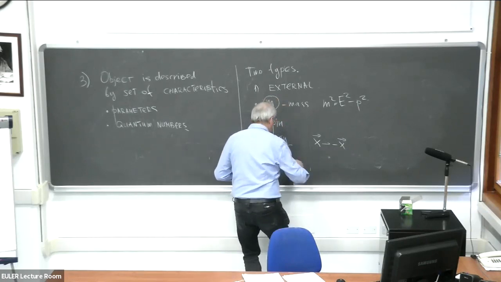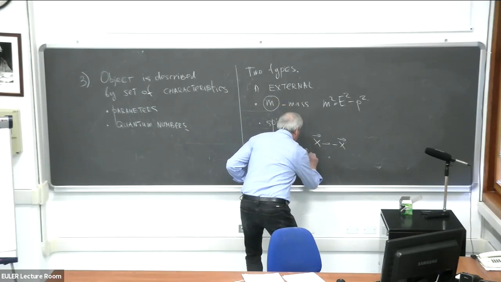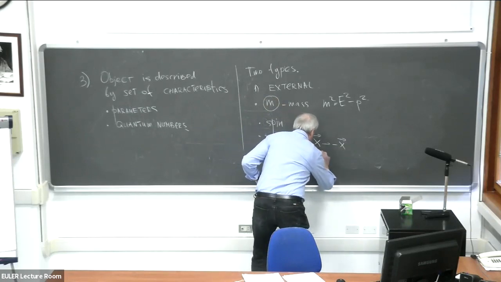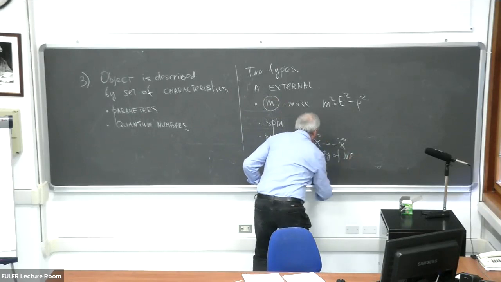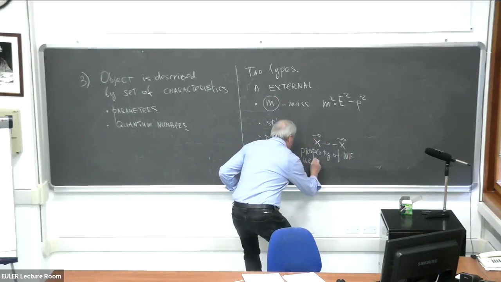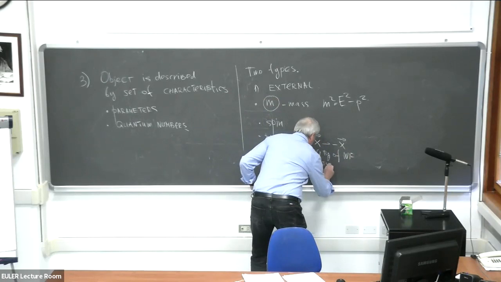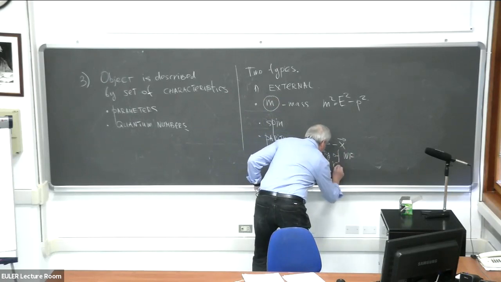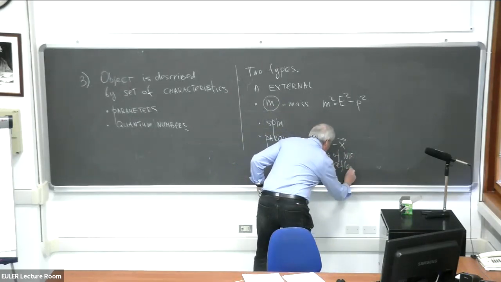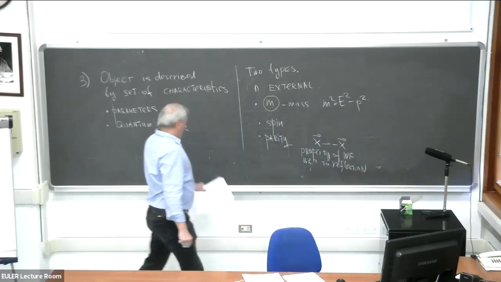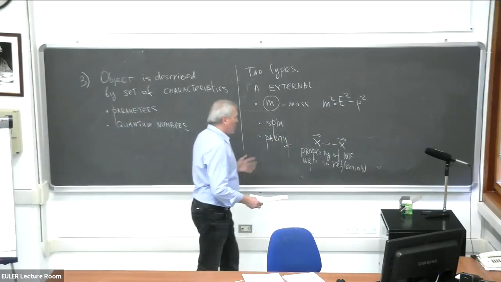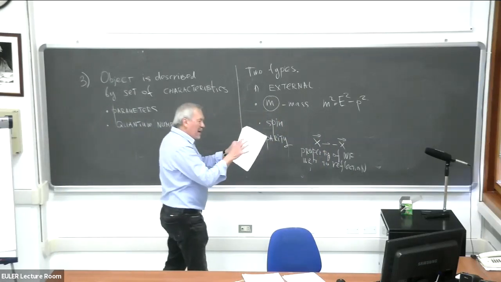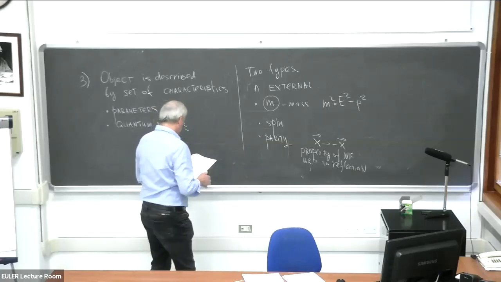So let me write this property of the wave function with respect to this reflection. The wave function can change the sign or may not change the sign. So it looks like some kind of symmetry of your object.